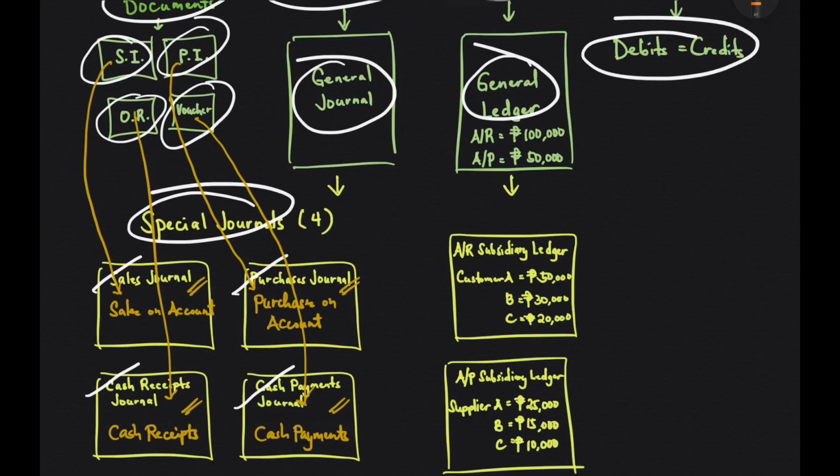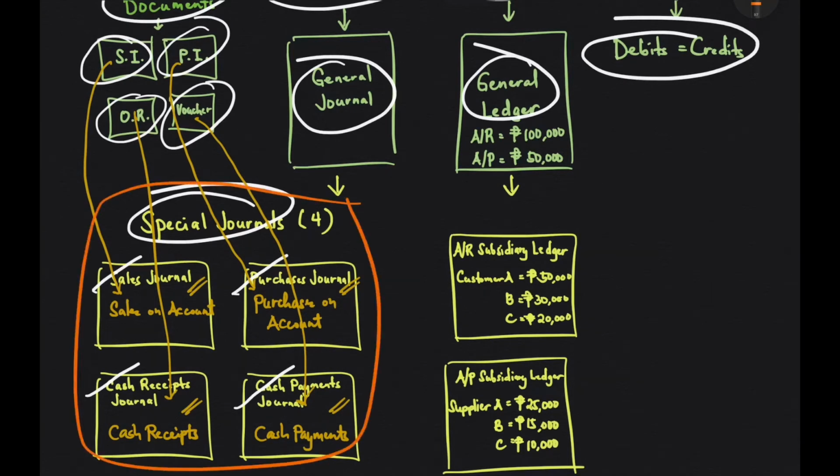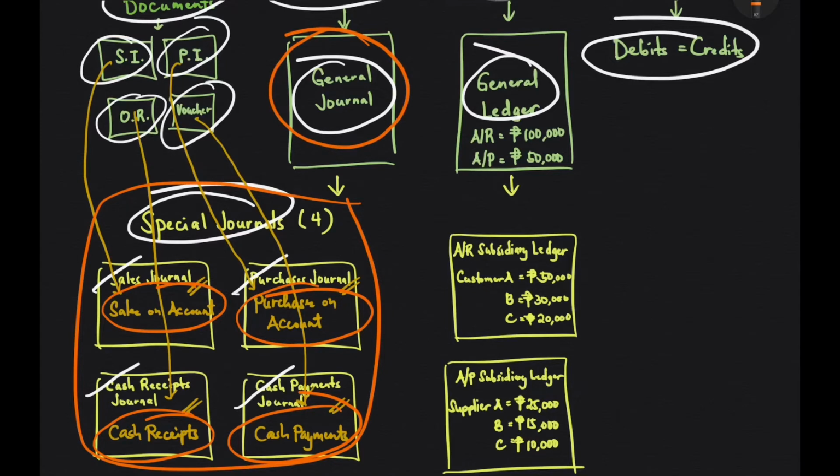After the special journals take in the repetitive transactions such as sales on account, purchases on account, cash receipts, and cash payments, what will now happen to the other transactions? They will be placed in the general journal. So to repeat, the special journals will take in the repetitive transactions, and the rest of the transactions shall be placed in the general journal.